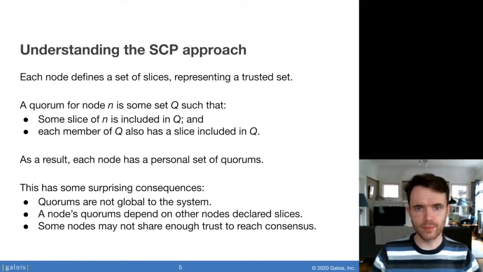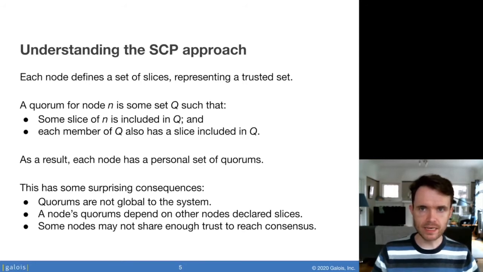Each node in the Stellar network broadcasts a set of slices where each slice is a set of nodes. Intuitively, each slice represents a group that together the nodes trust. A node will accept some new information on the network if all nodes in one of its slices agree that the information is correct. A quorum is a set of nodes that can potentially reach agreement.